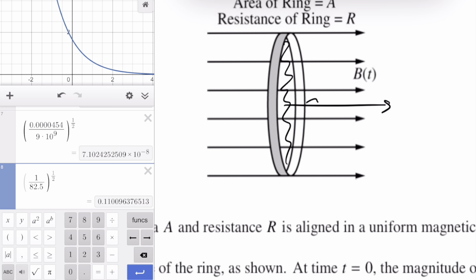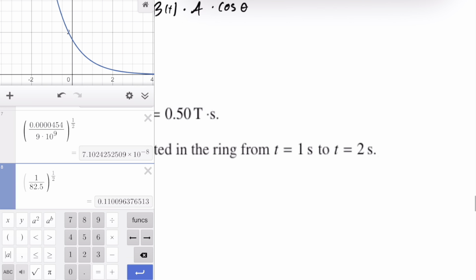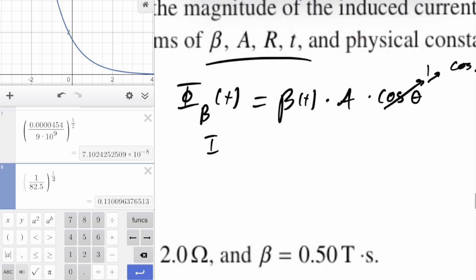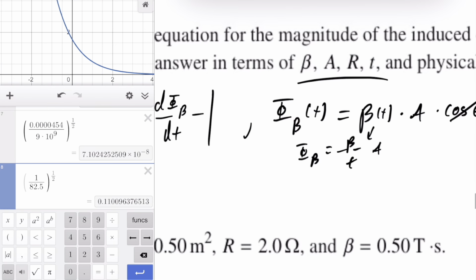So they have a theta of 0. So cos 0 equals 1. So now I can say that the magnetic flux is equal to B over T when I'm subbing in my B of T equation that they gave us earlier, BA over T.